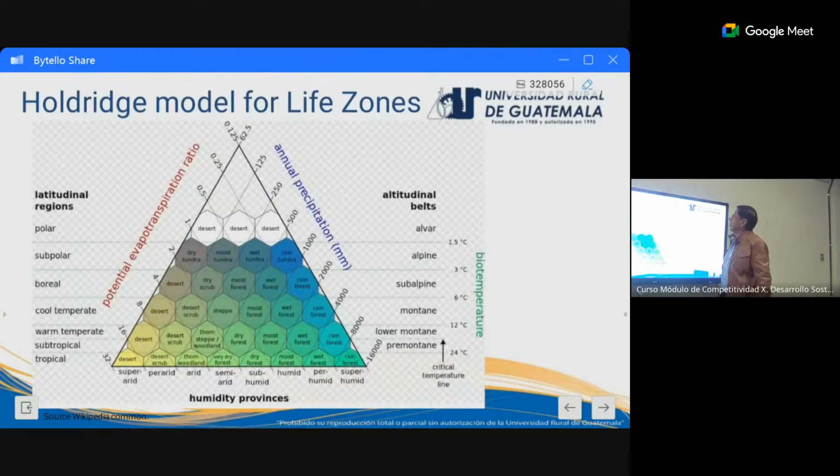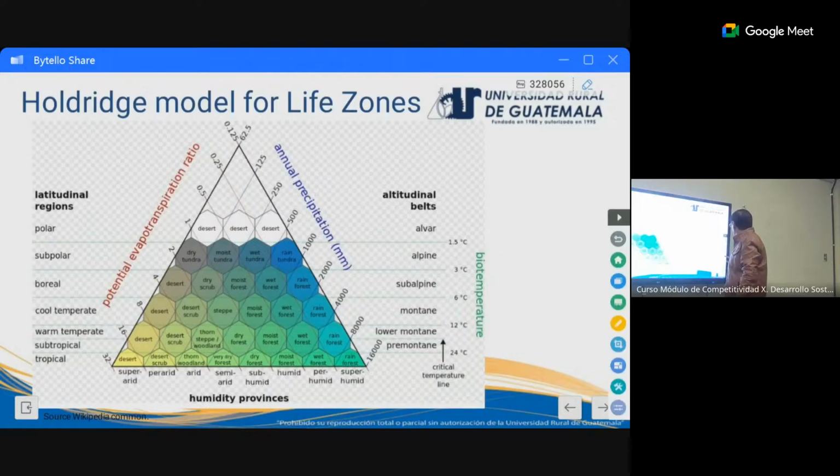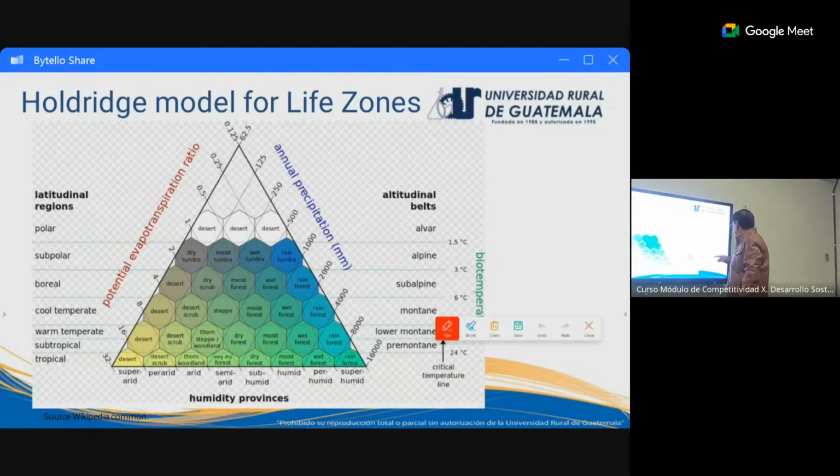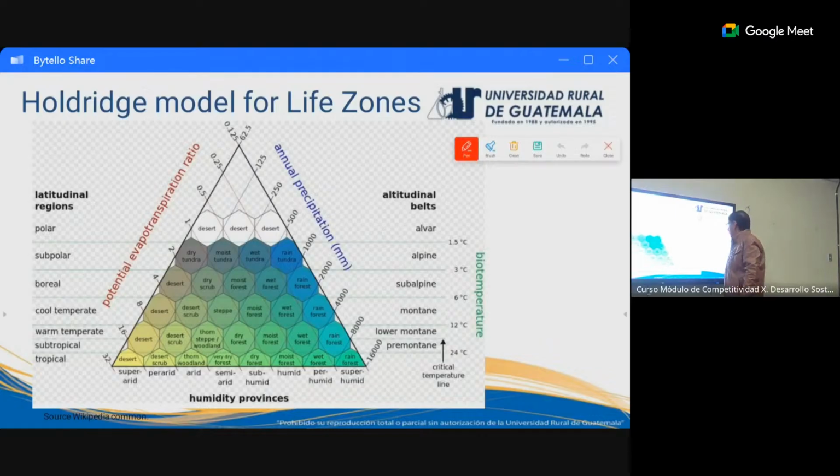that is called the Coleridge model for life zones. Okay. When we use this model, we need to know that there are 3 main parameters that this model uses. And the first one is the potential evapotranspiration ratio. The other parameter is the annual precipitation in millimeters.